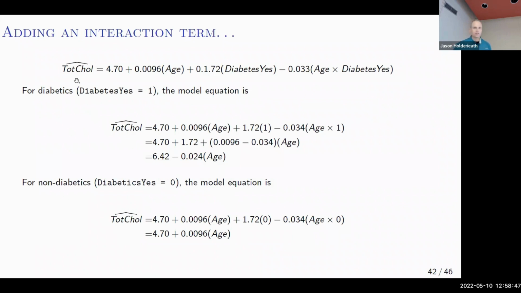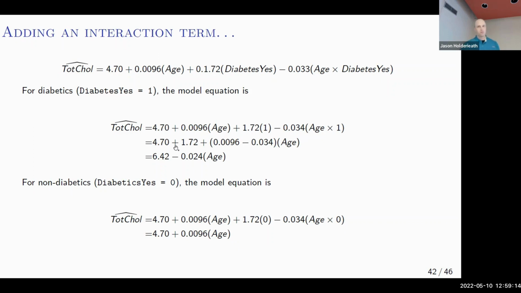So if we were to evaluate this for diabetics, the model equation, with diabetics equal to 1, is 4.70 plus the slope coefficient for age, plus 1.72 times 1 for diabetic, minus 0.034 times age times 1 for being diabetic.